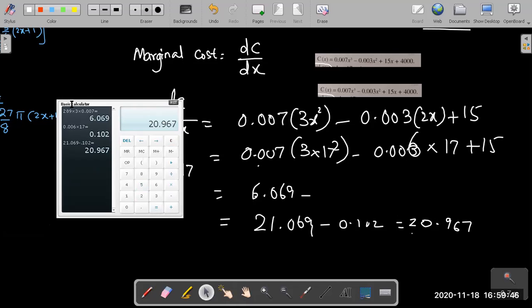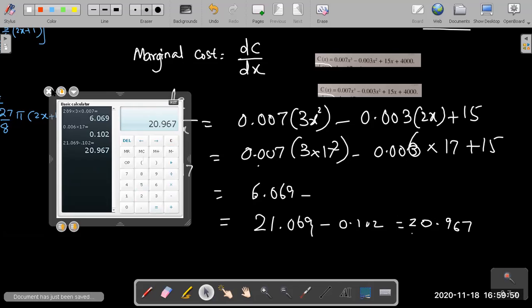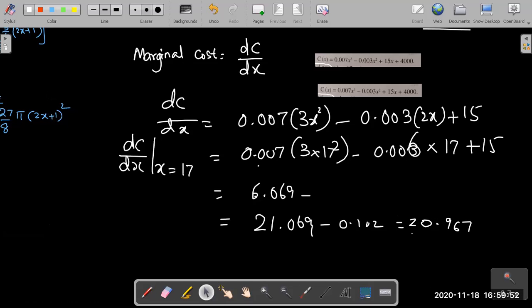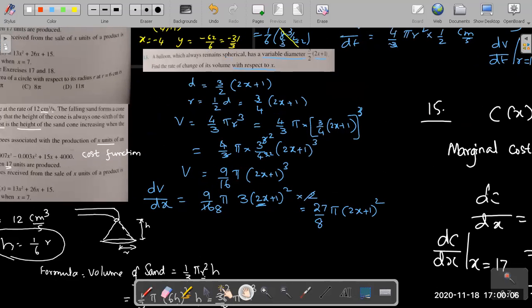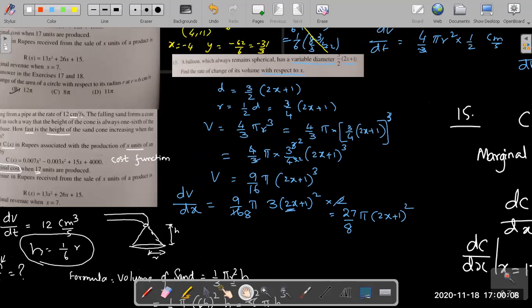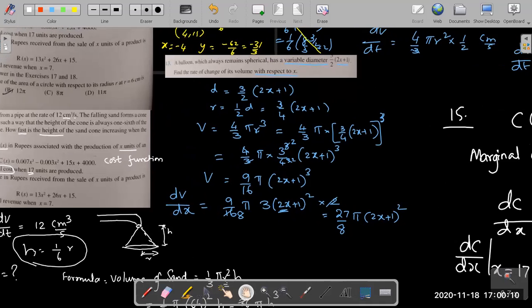So that's the marginal cost question. We have one more similar question, that's the 16th one.